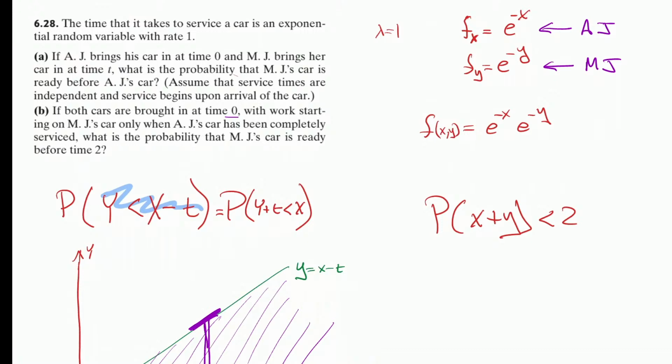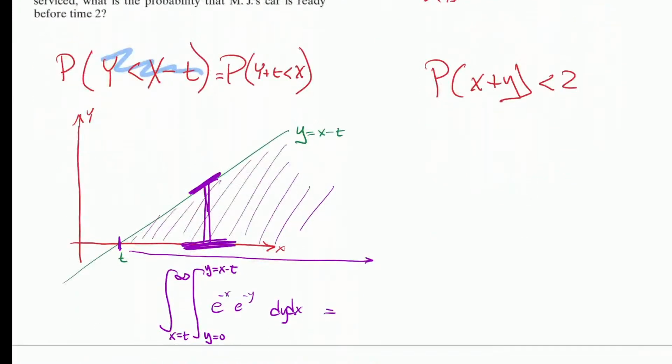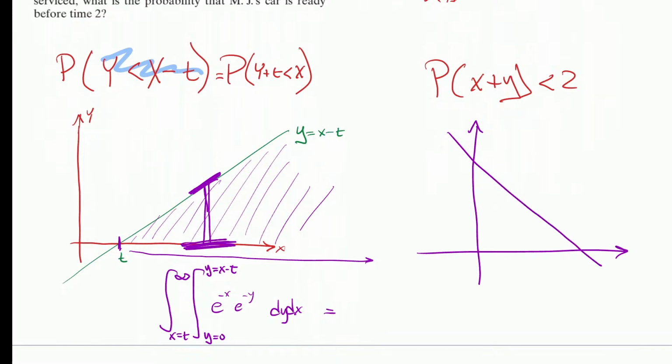So I just want to know what's the chances that x plus y is less than 2, because we're going to do x first, and then we're going to do y. So that's just that. That's not bad. It's also going to be a little bit annoying because you end up with this as your sort of region. Here's x, here's y.